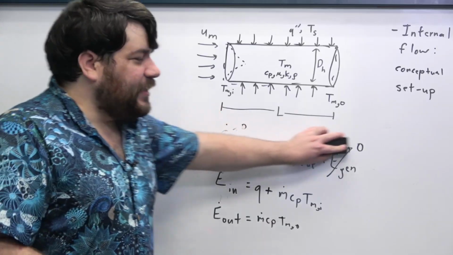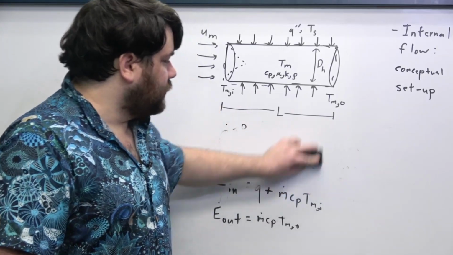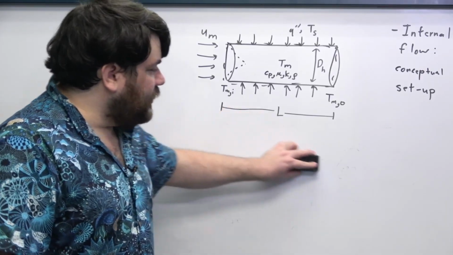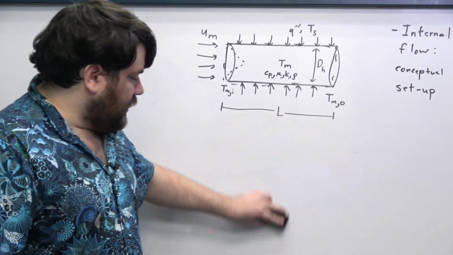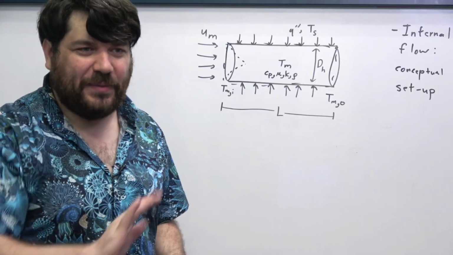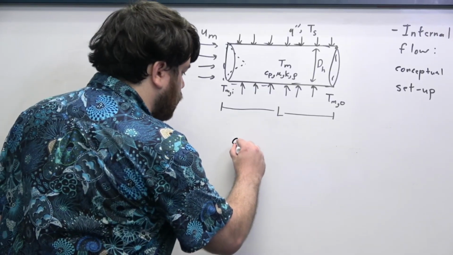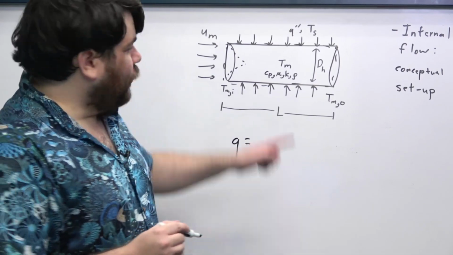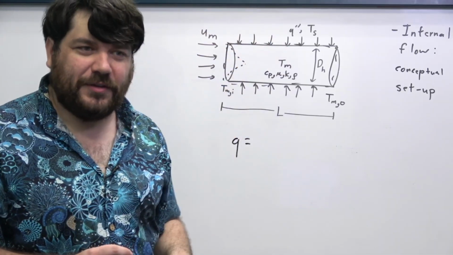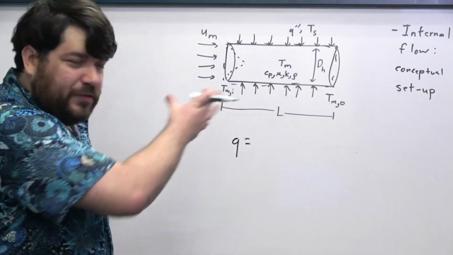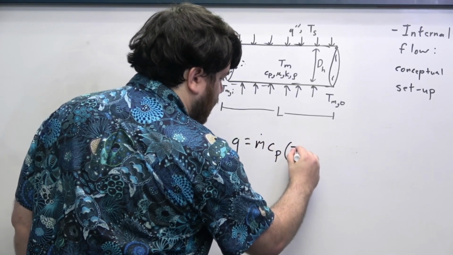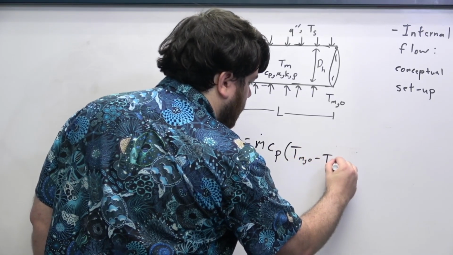And setting that equation up gives us what I like to call the golden rule of internal flow. I call it the golden rule because it is so simple and so easy to use for these sorts of problems that you never want to forget that it's useful for basically everything, which is just to say that Q, the total heat transfer rate that's occurring through the edges of this pipe into the fluid, is just equal to m dot Cp times Tmo minus Tmi.